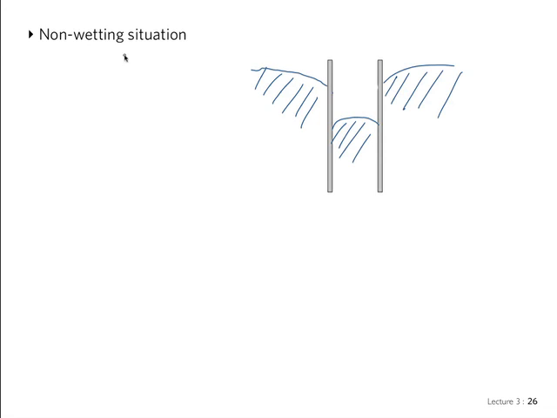This is the non-wetting situation. So for example, in this case, h is negative. This is the case with mercury in glass. The angle itself depends on the combination of materials.